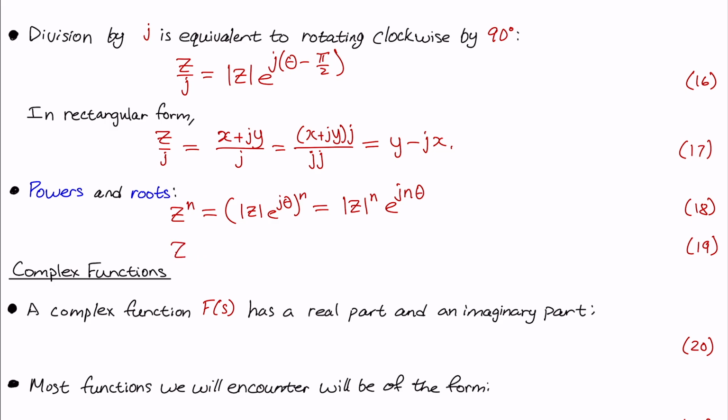If we take the nth root of z, this is the magnitude of z times e to the j theta, raised to the 1 over n, and then we'll just bring that in. We'll get the magnitude of z raised to the 1 over n times e to the j theta divided by n. You can do that in rectangular form, but it's just much easier in polar form.